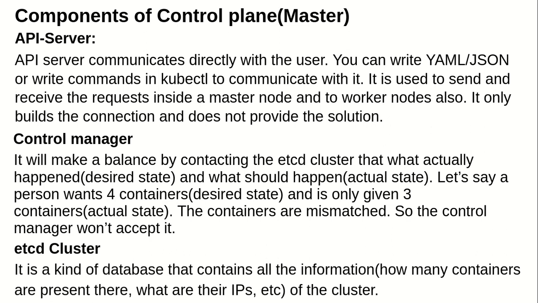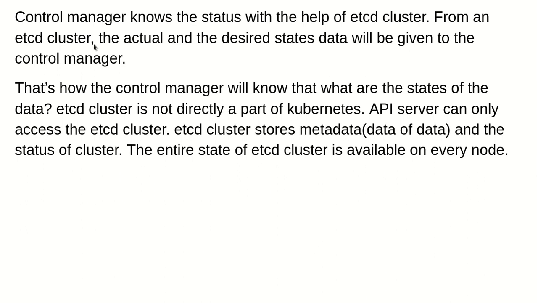But before discussing what the kube scheduler is, let's discuss the etcd cluster. Alright. The etcd cluster is a kind of database that contains all the information of the cluster, like how many containers are present there, what the IP addresses are, etc. So the controller manager knows the status with the help of the etcd cluster.